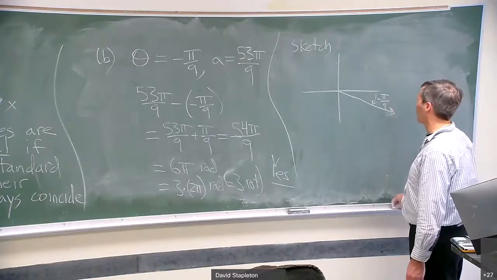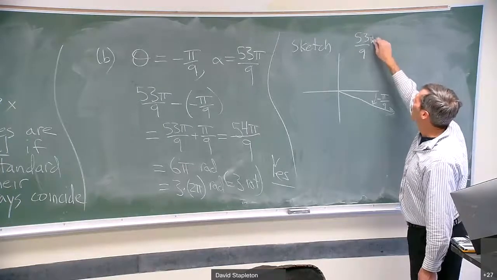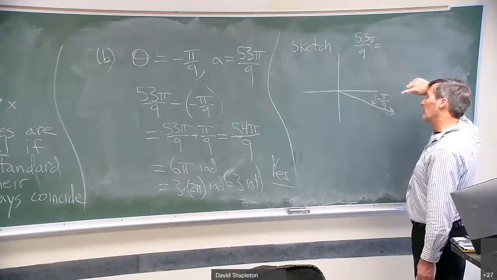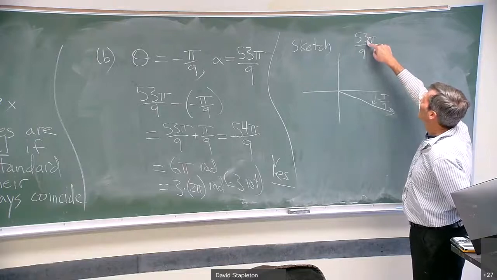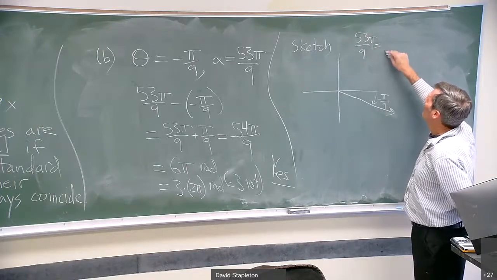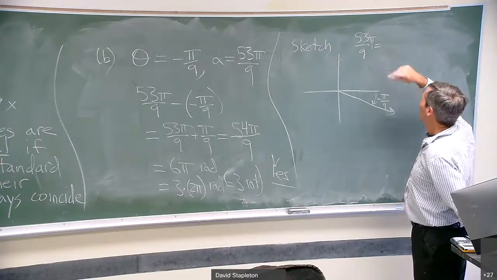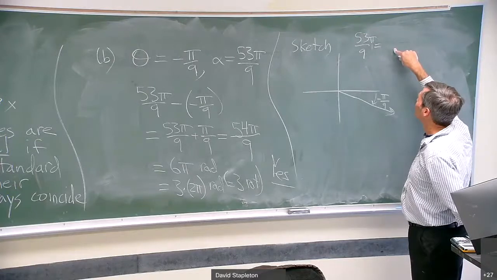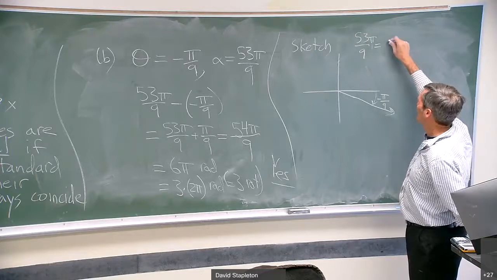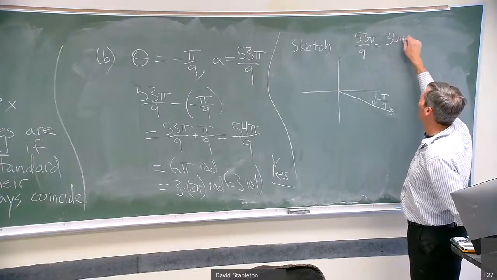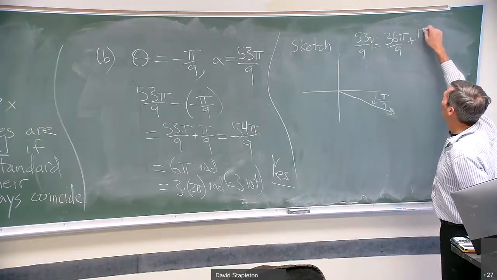And 53 pi over 9, I do the same thing as I did before. I first pull out all the whole rotations. So how do I do that? I say, well, 53 pi over 9, I could rewrite that as 36 pi over 9 plus 17 pi over 9.